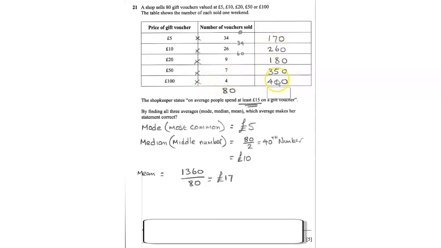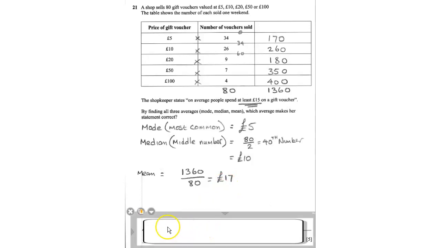And we get this column here, which is your FX column. We add those up and get a total of 1,360. What we do is we take the 1,360 and divide it by 80. And that is £17. So the mean would be £17.